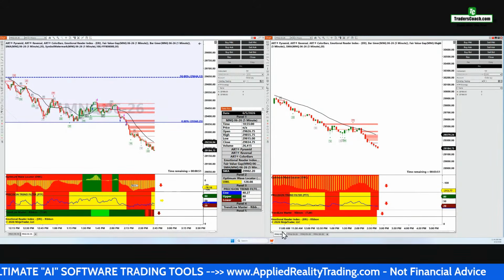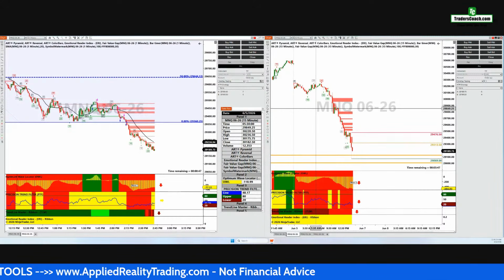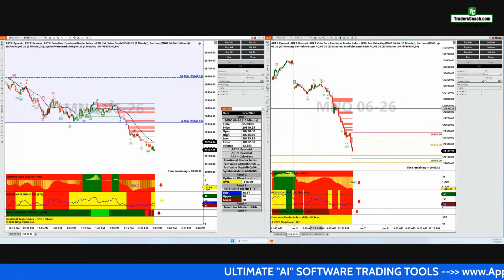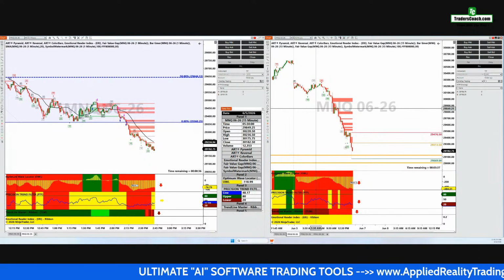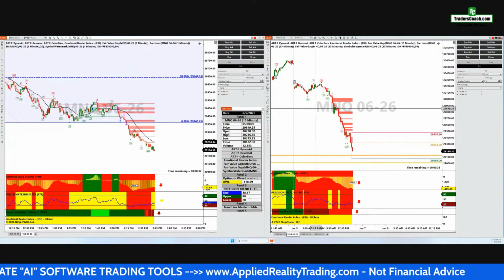Red PTF. Red PTF on 15. So it's momentum slowing down on that 1 minute time pretty dramatically.